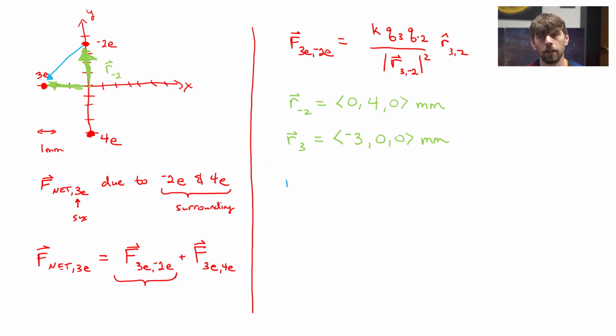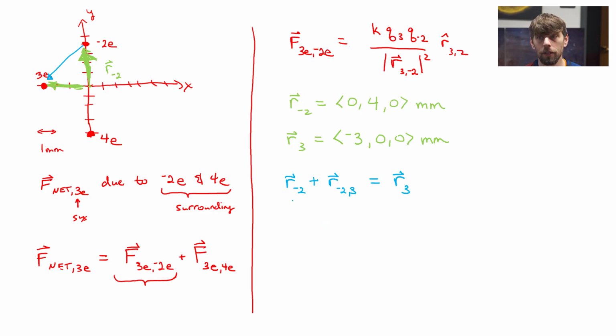Namely, I have taken the position vector of the negative 2e charge. I add to it the relative position of the negative 2e charge to the 3e charge. And that should result in the position of the 3e charge.